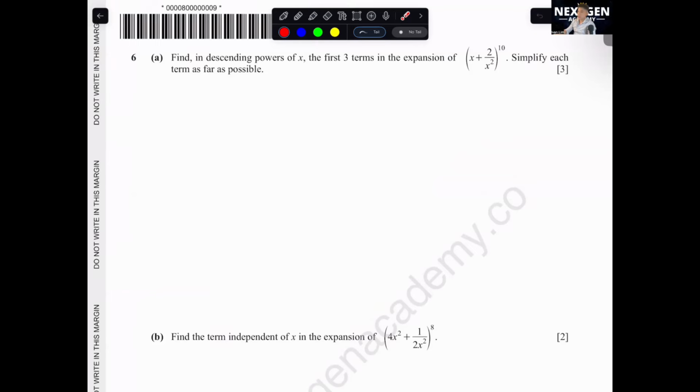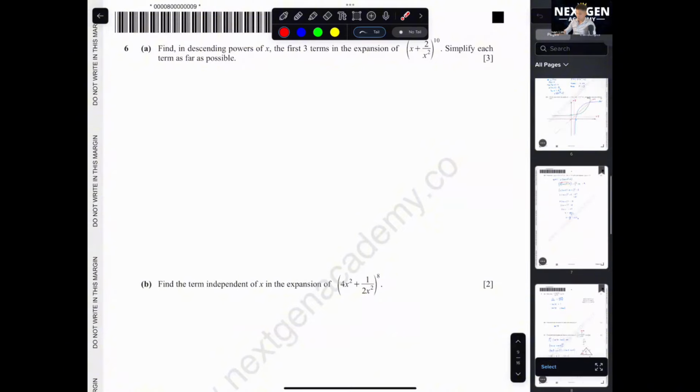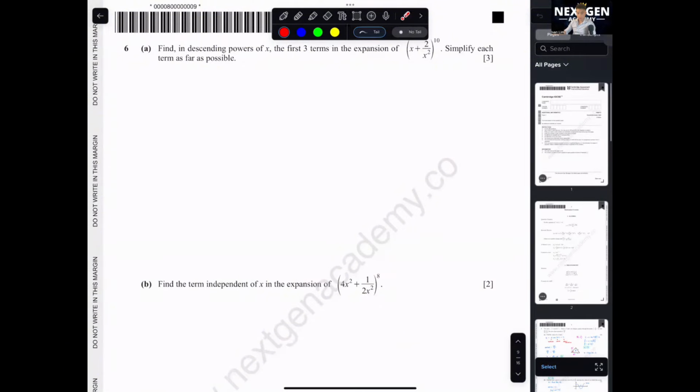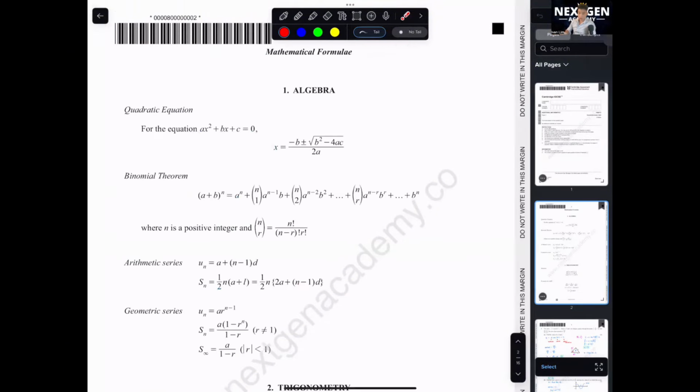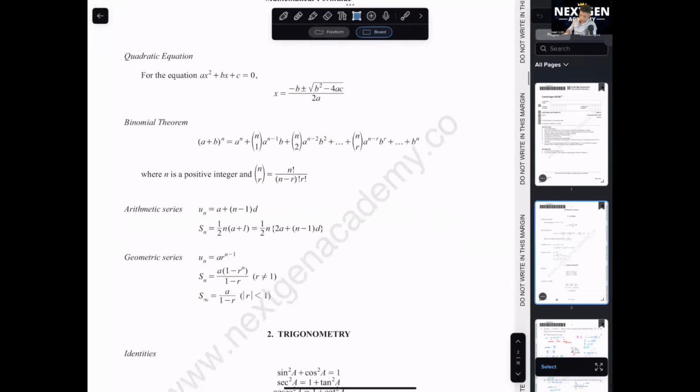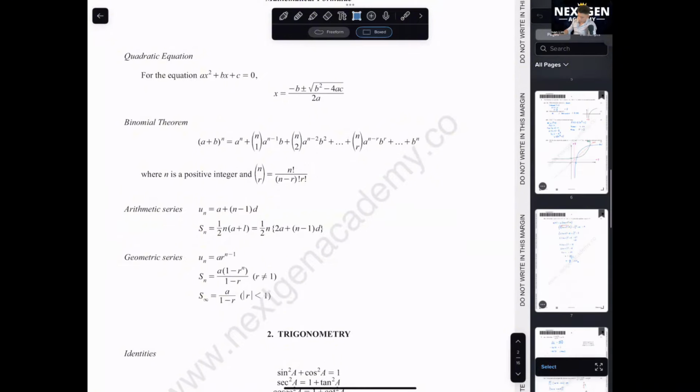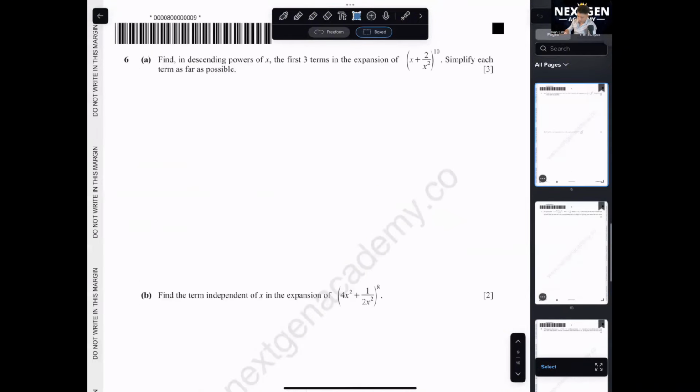Okay, so this is your binomial expansion, or binomial theorem. First thing, if you don't know the formula, you go into your formula sheet. Your formula sheet right now looks maybe a little bit different already, slightly different, because there is an extra formula. But this will still be given to you. Write this down into the question first so that you can refer to it.